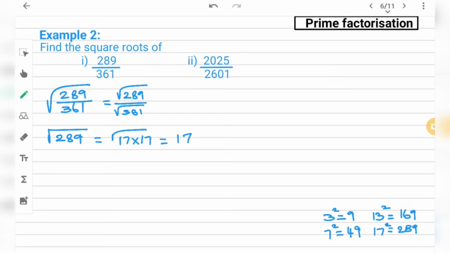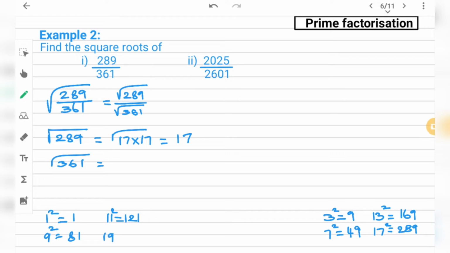Right? Now, the root of 361. In the ones place we have 1. If you are having 1, what are the possible conditions? Either 1 square or who is the friend of 1? 9. 9 square is 81. Or else we can go for 11 square. 11 square is 121.